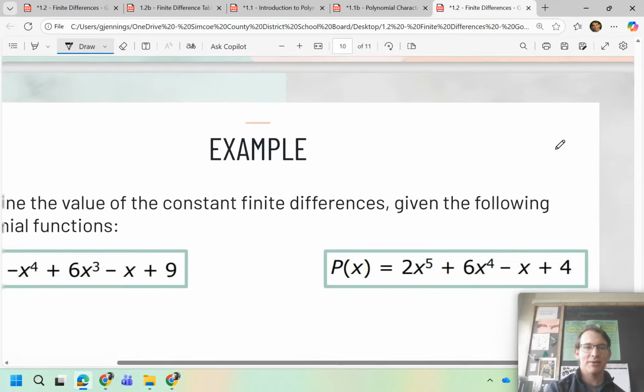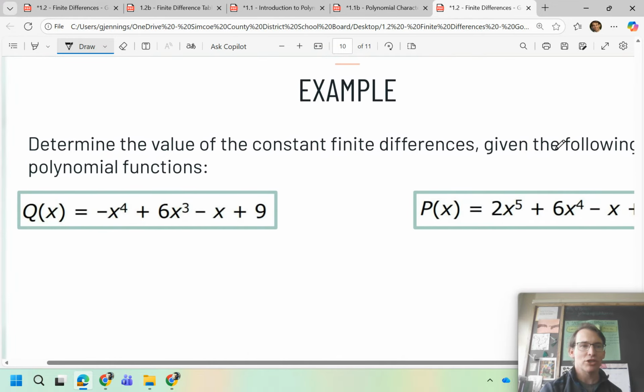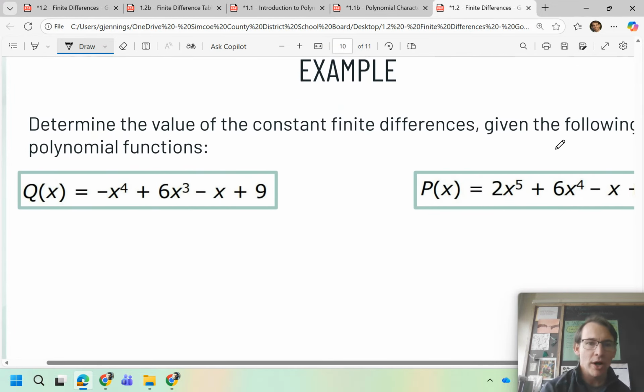Okay, let's keep going. All right, here we're just showing the equations. So these ones should be pretty easy. What constant finite differences would you expect here? They're going to be negative, because we have a negative leading coefficient.